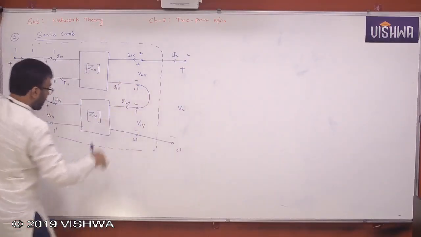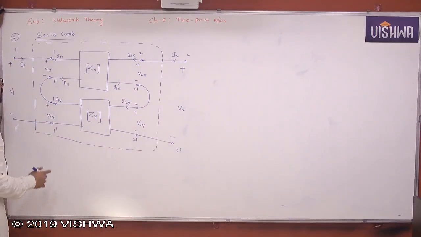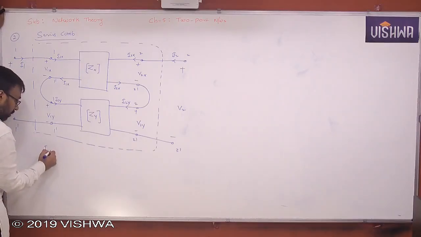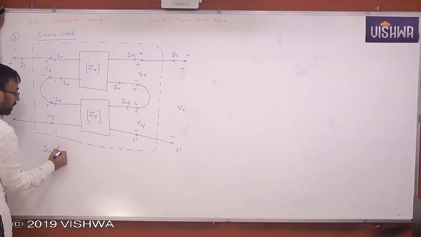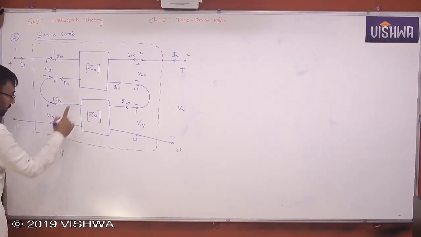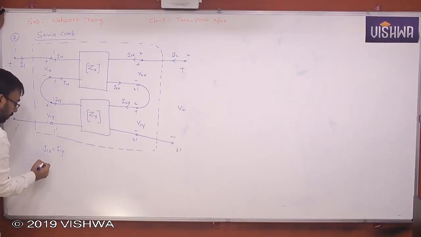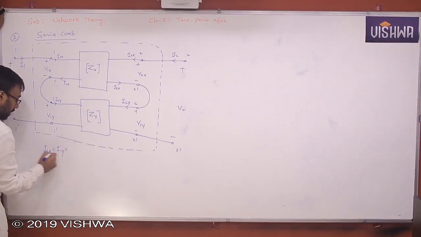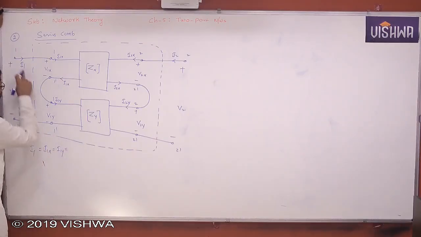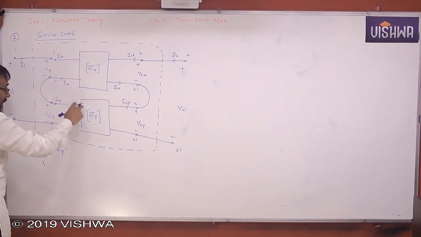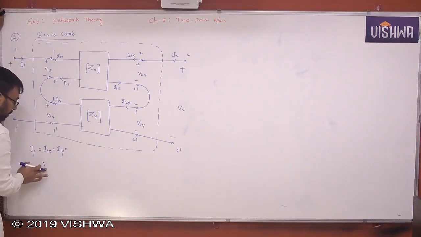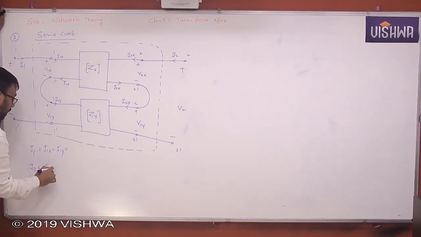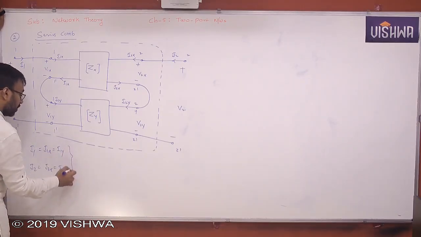So from this we understand certain relations. You can see here, I1x is equal to I1y, yes or no? And I1 is equal to I1x is equal to I1y. Another relation is I2 is equal to I2x is equal to I2y. Okay, this is one relation.